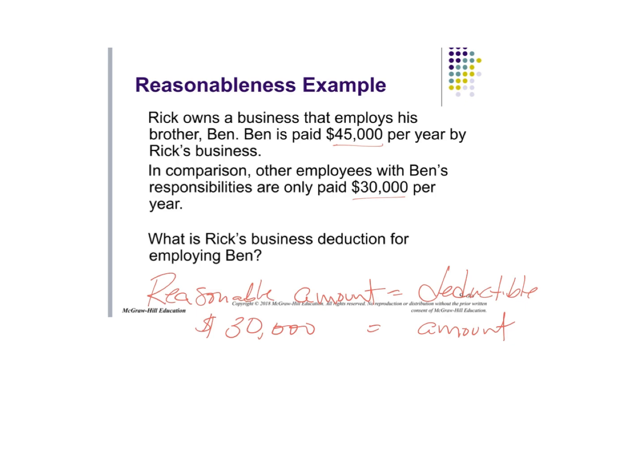Okay, so then the question is, what is that additional $15,000 of income? Well, to Ben, it's a gift.